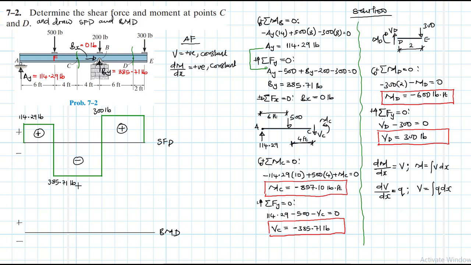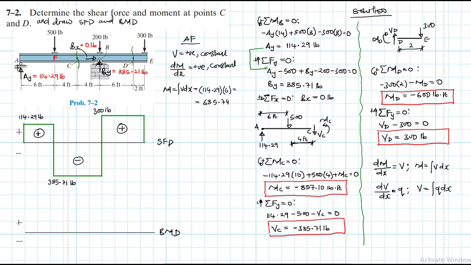This magnitude is the area under the shear diagram, which is just equal to 114.29 times 6, which is equal to 685.74, and is positive.